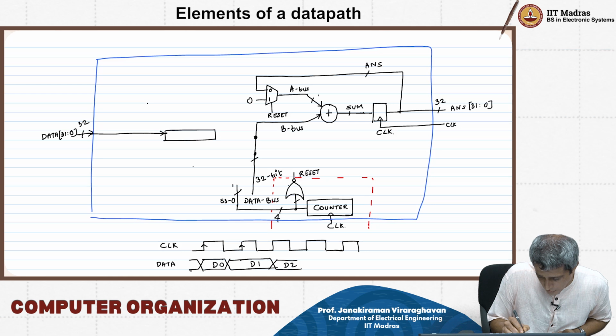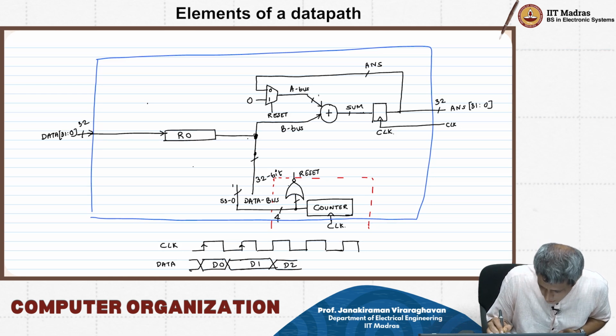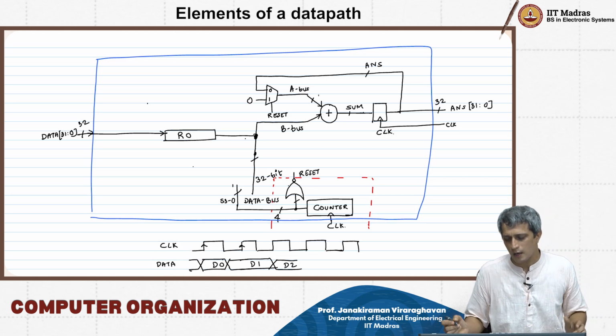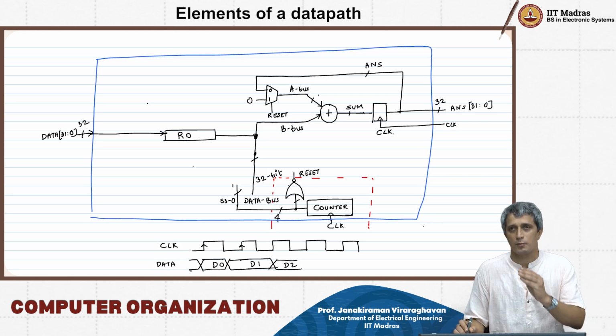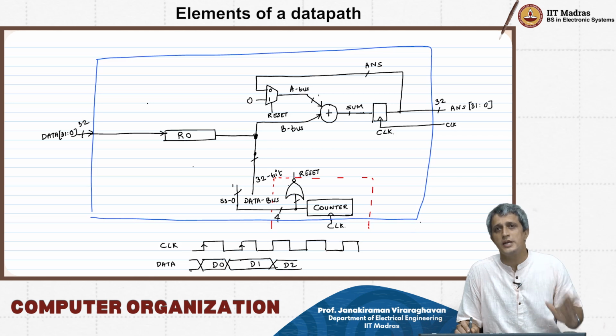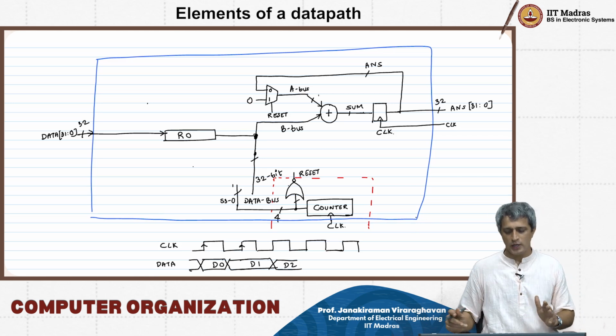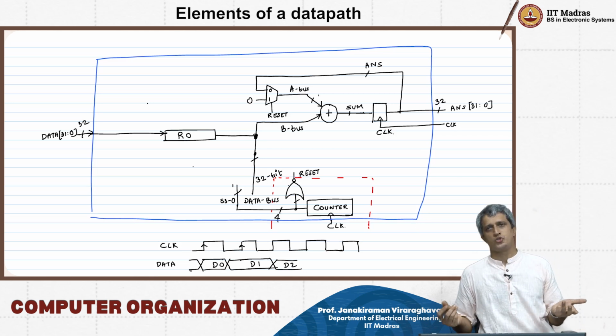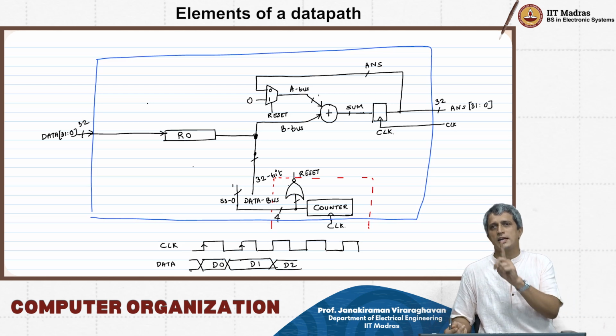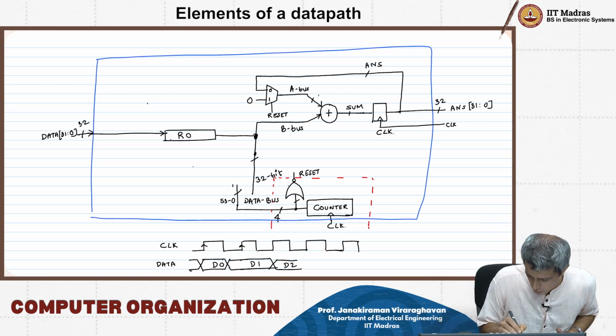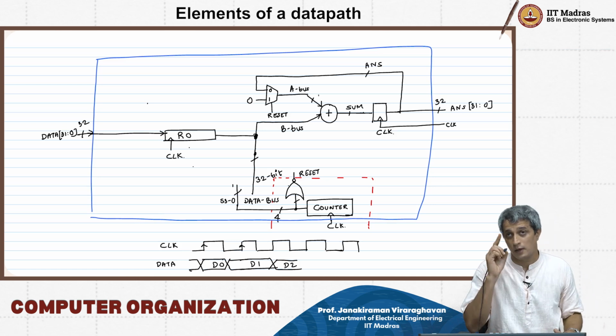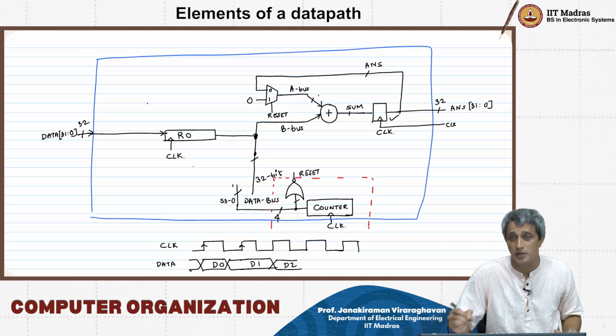So the data comes in here, I have one register, and this register output is permanently connected to the B data bus. So all we are doing is data can now change, but only on the rising edge of the clock. Here also there is a clock which is going to control this write into this register, just like we did here.